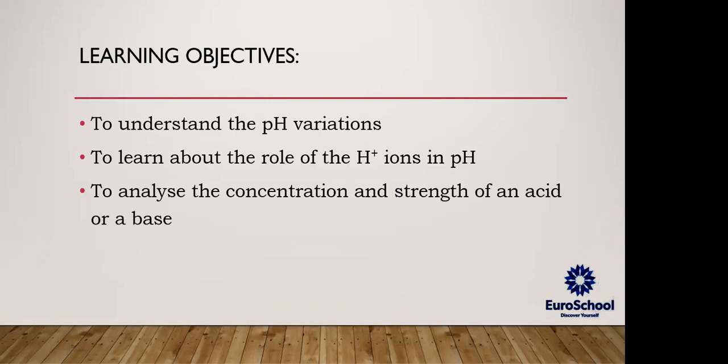Whereas when it comes to dilute, it becomes completely opposite. The amount of acid or base present goes down, whereas the amount of water in which it is dissolved goes up. So concentration of acid and base actually depends upon the amount of hydrogen present in a particular sample.